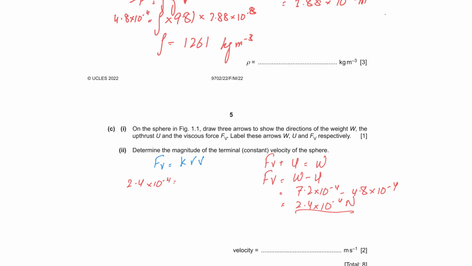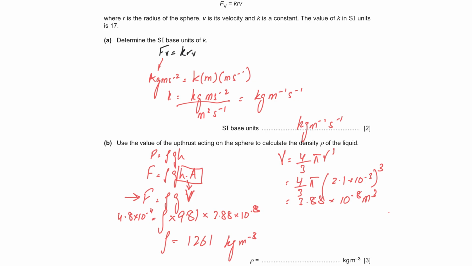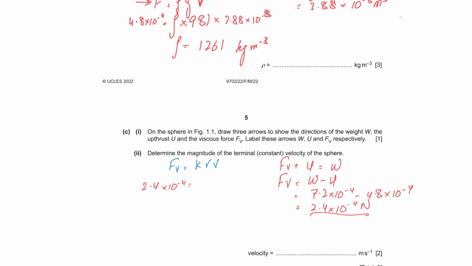The question says that the constant K has a value 17 in the SI units. So the constant K will be replaced by the number 17, which is the value of K. The radius R is 2.1 millimeters, so 2.1 into 10 raised to the power minus 3, times V, which is the velocity.